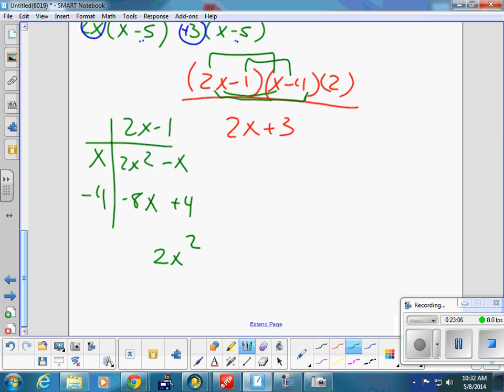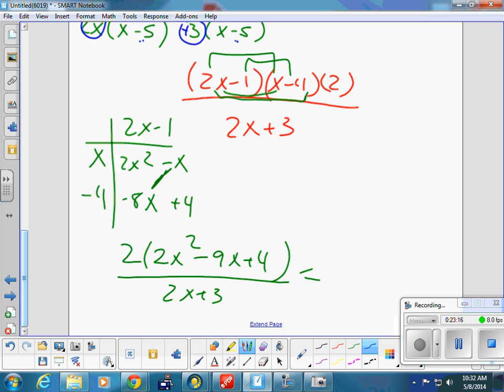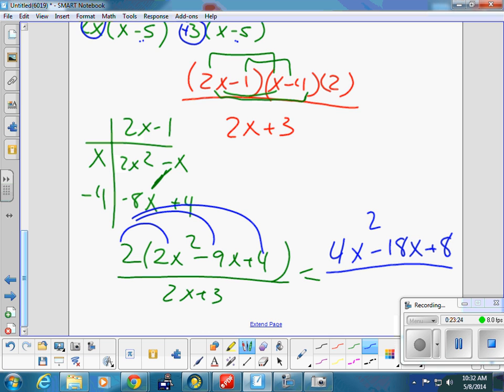These two are going to turn into negative 9x plus 4. And then that answer has to be multiplied by 2 over 2x plus 3. And that's going to hopefully get us the answer on the sheet, which should be 4x squared minus 18x plus 8 all over 2x plus 3. Again, I'm distributing this 2.